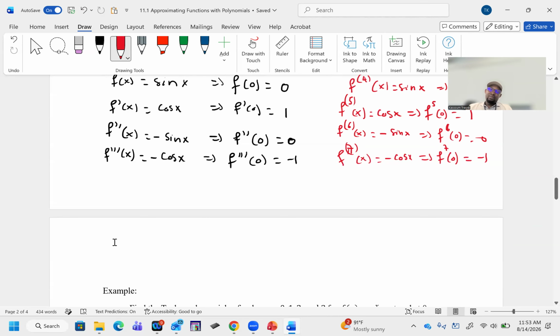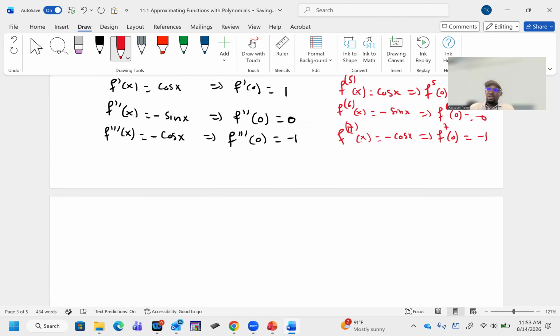So now we construct the Taylor polynomial that approximates f of x equals sine x near 0.